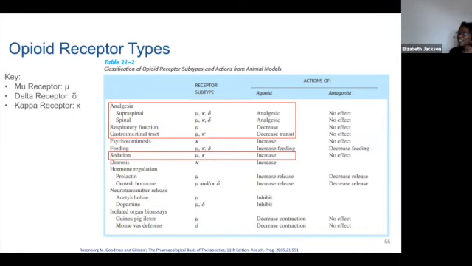In the GI tract, you have the mu and the kappa receptors, which decrease the transit. That means a patient can have constipation. Sedation is affected by the mu and the kappa receptor, so the sedation will be increased by an opioid drug. And we can go on to the next slide.